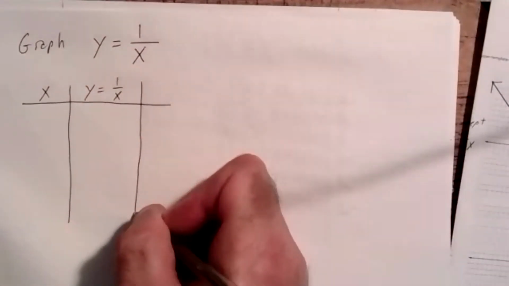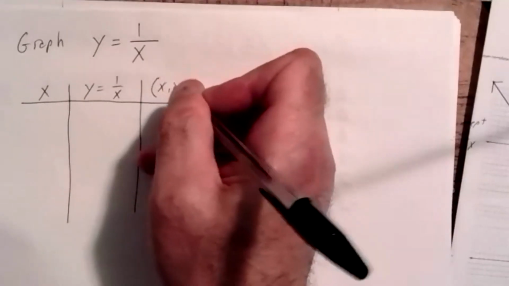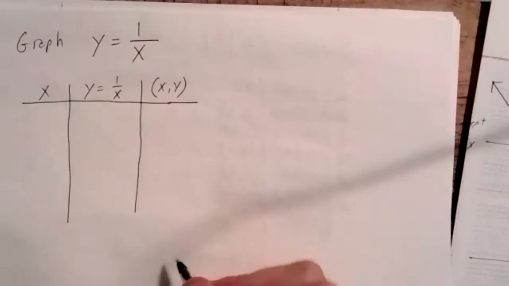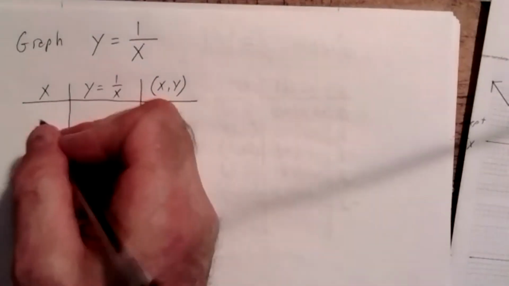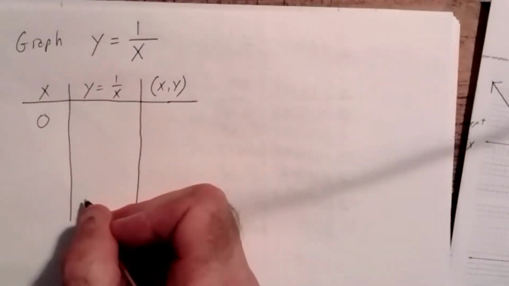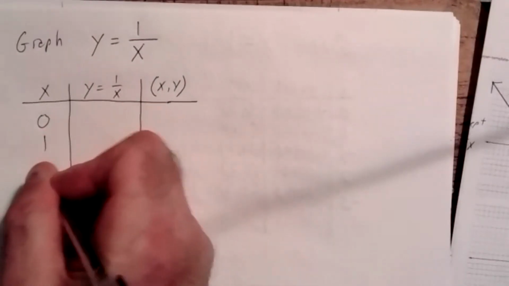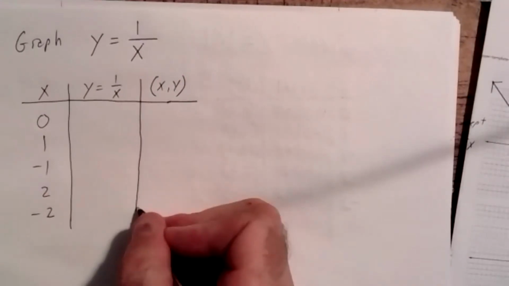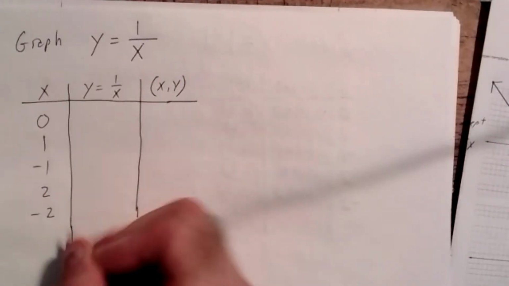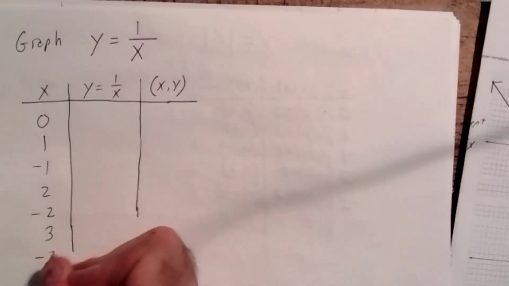Now, can somebody give me some nice values for x here? Some nice values: 0, any others? 1, -1, 2, and -2. Maybe something like that. Now we can certainly try these. I'm going to also choose just a couple more here: 3 and -3.